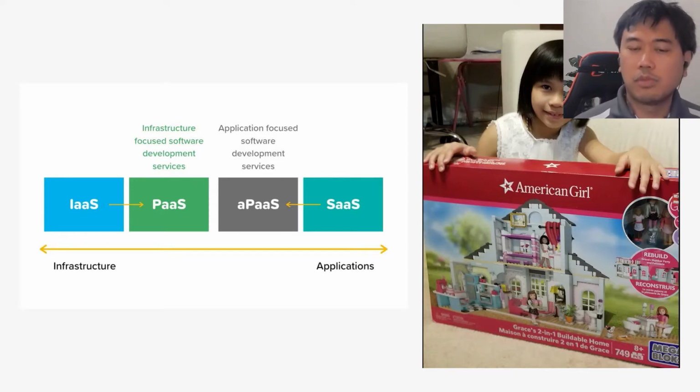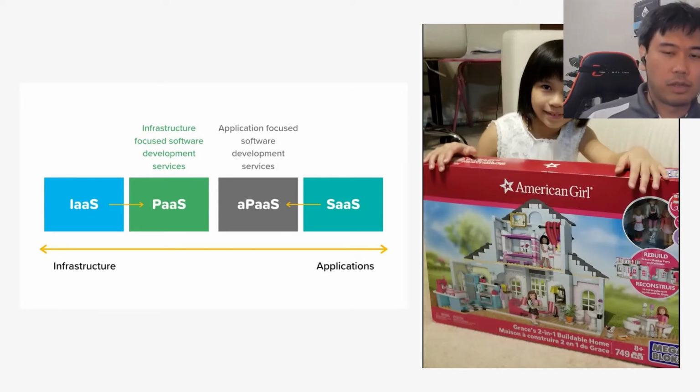There's a lot of customization that you can do on an APaaS, or application platform as a service. And just like you have these Lego blocks, you work with the instructions on how to build them, or you have a starting point and you can customize it as it fits the need.